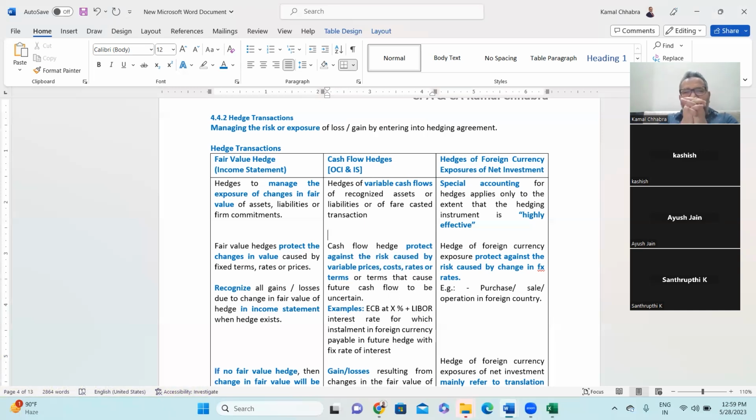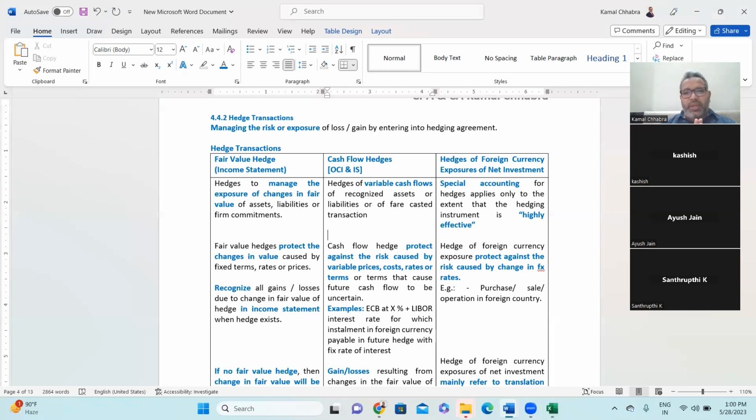So the fair value of the gold might change with time. But if you want to purchase or sell at a particular price on a particular date, and you want to fix your risk of fluctuation in the gold rate, then you buy an option.